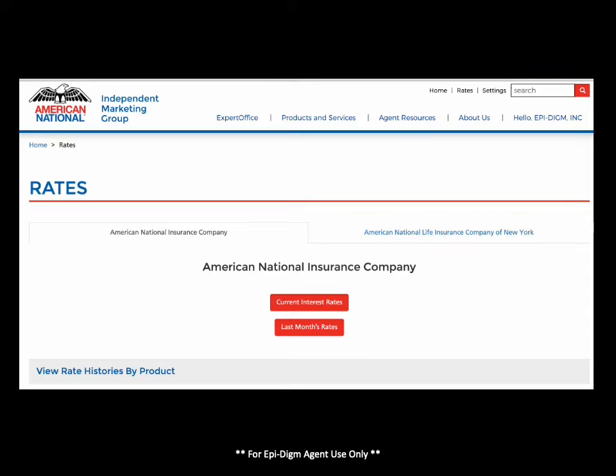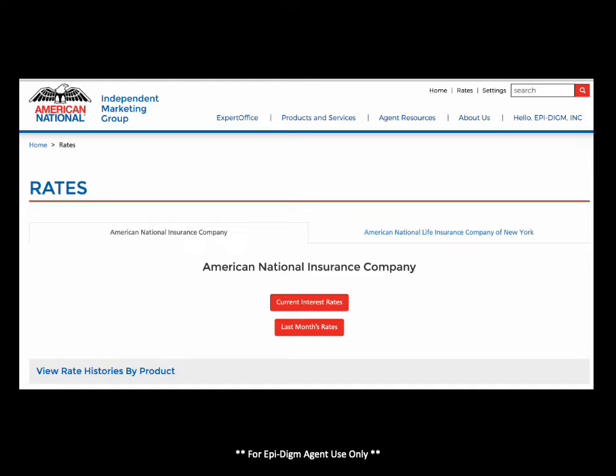Okay. Now, next I'm going to show you how to get an interest rate. For a MYGA, the interest rate is the most important thing. And as you know, the insurance company declares a different interest rate every now and then. So how do you get the current interest rate? American National, once again, you don't need an ID and password to get this information.